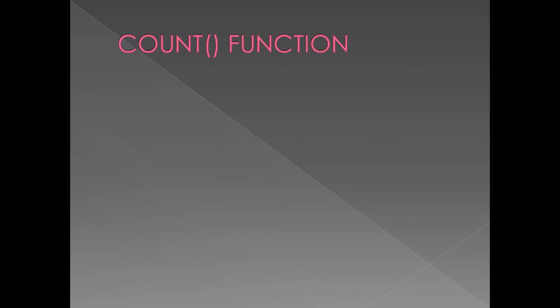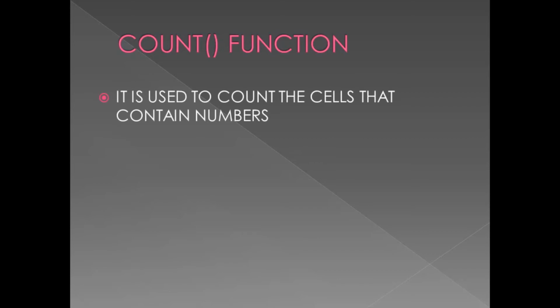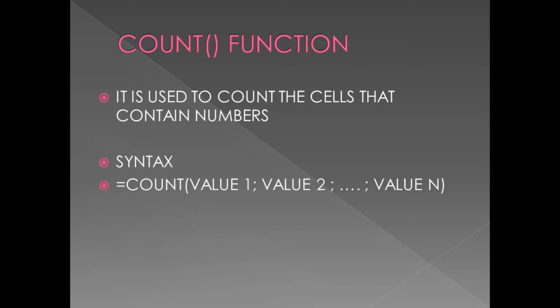Our next function is count function. It is used to count the cells that contain the numbers. The syntax of the count function is equals to count value 1 semicolon value 2 semicolon and so on till value n.